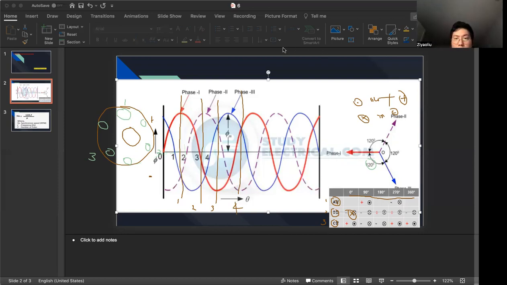So let's see. This color is not good. Okay, let's see. First of all, at 0 degree, we don't consider A, right? Single phase, phase 1, right? And B is, where is it? Here, minus, right? Here is minus, in. And phase 3 is plus, out, right?